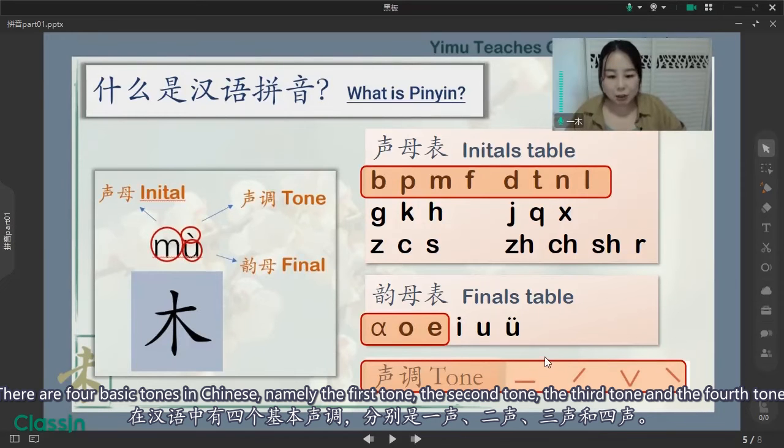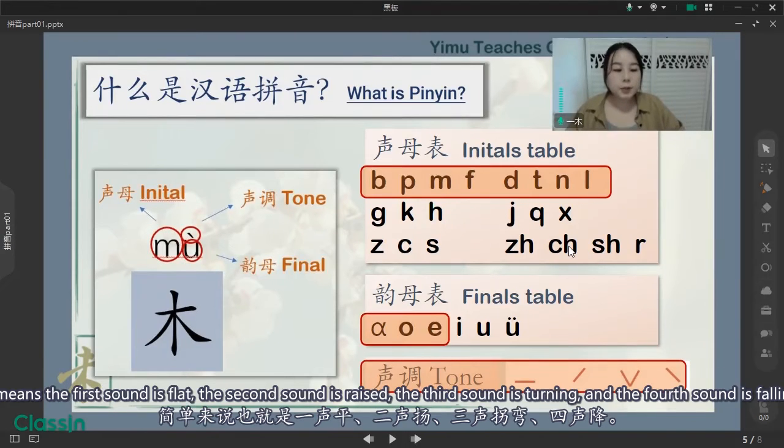In Chinese, 第一声、第二声、第三声、第四声. It means the first sound is flat, the second sound is raised, the third sound is turning, and the fourth sound is falling.